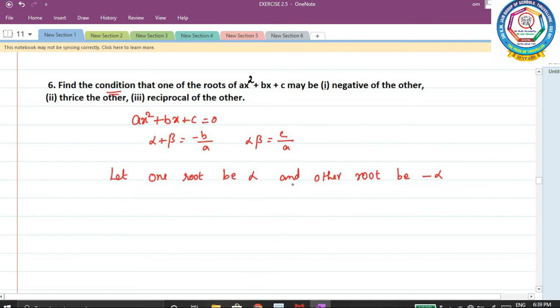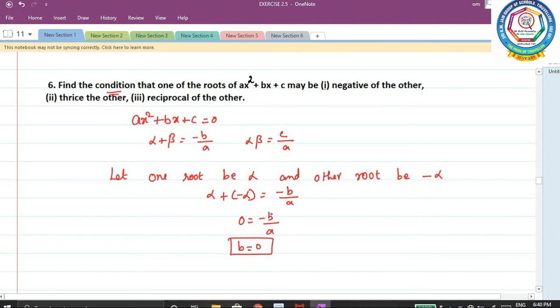So here we have to find the sum of these roots. Alpha plus minus alpha equal to minus b by a. So here plus alpha minus alpha will cancel. So 0 is equal to minus b by a. Therefore b is equal to 0.